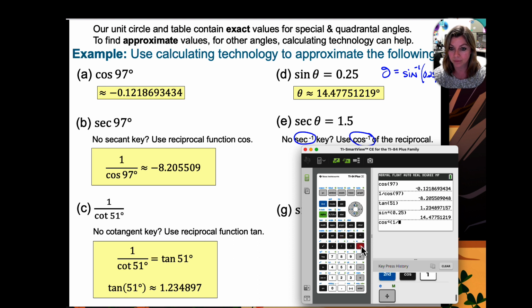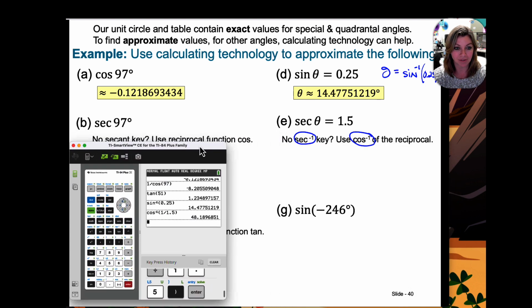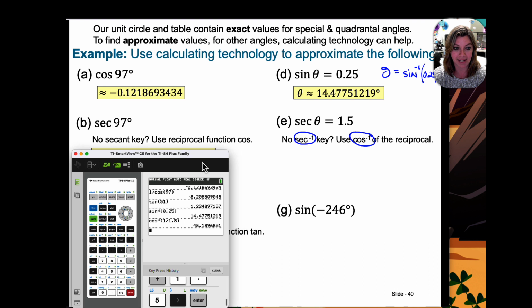Close it, run it, and it turns out that a cosine of approximately 48.1896851 degrees will have a value of 1 over 1.5, which makes secant of that angle approximately 1.5.